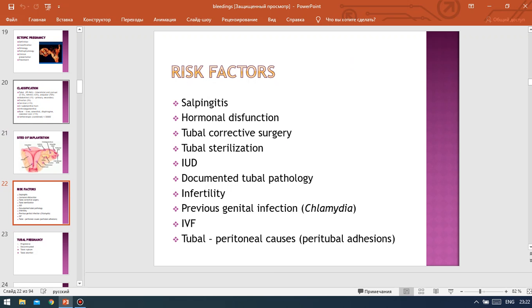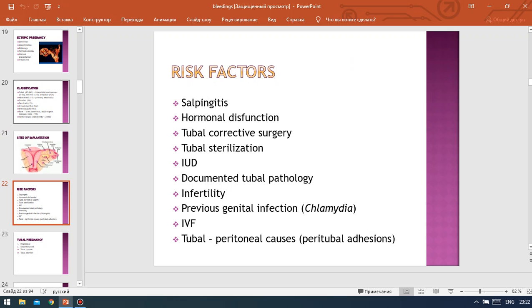Risk factors. The first is salpingitis, inflammatory problems of the tubes, hormonal dysfunction, very often deficiency of progesterone, tubal corrective surgery, some surgeries, adhesions, previous tubal sterilization, intrauterine device. Sometimes the patient has an intrauterine device for protection from pregnancy, but they have these complications.